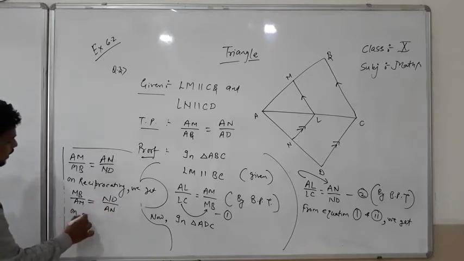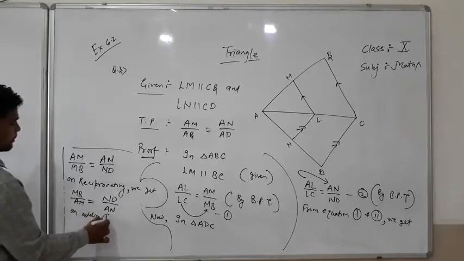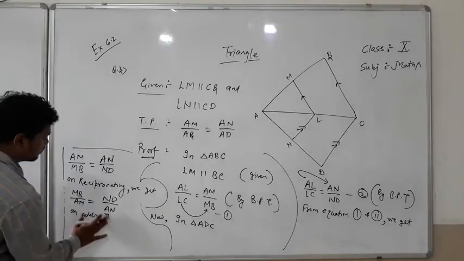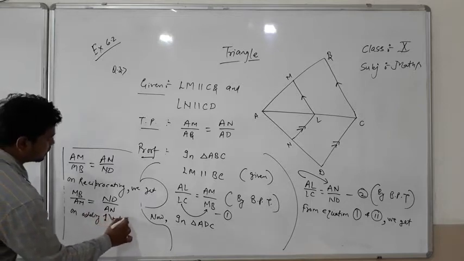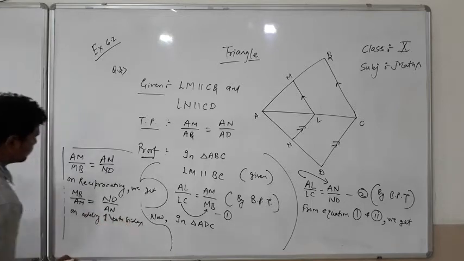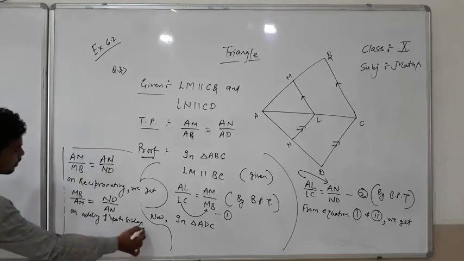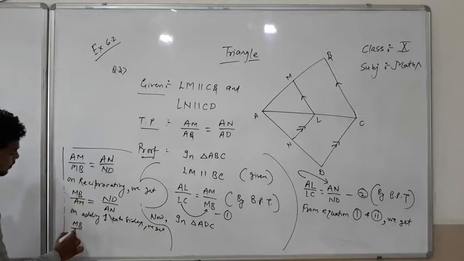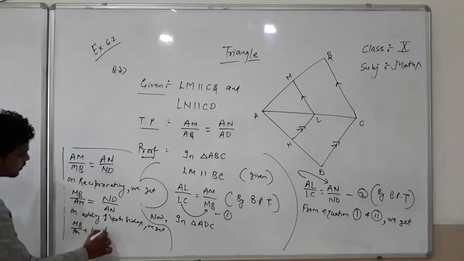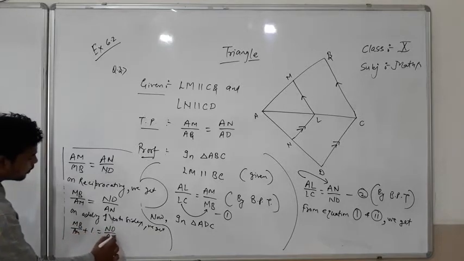Now on adding 1 to both sides, we get MB upon AM plus 1 is equal to ND upon AM plus 1.